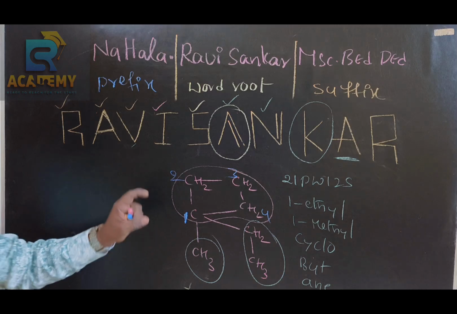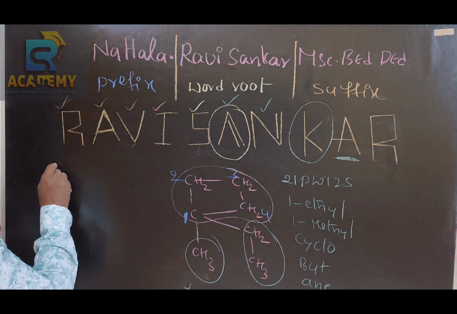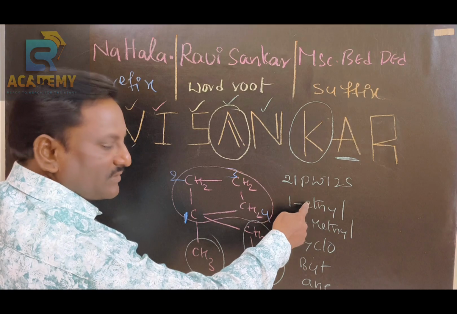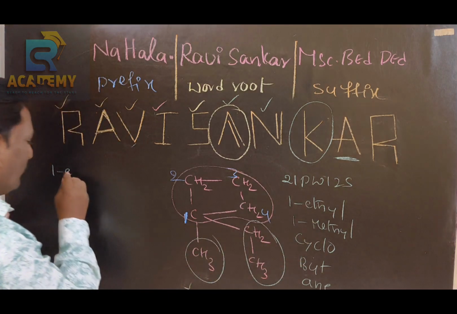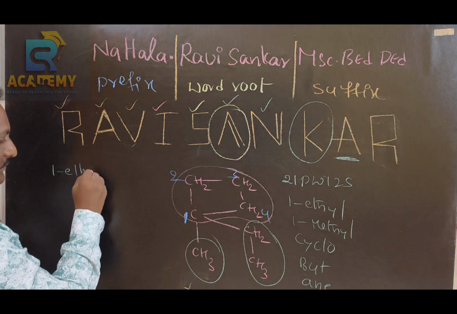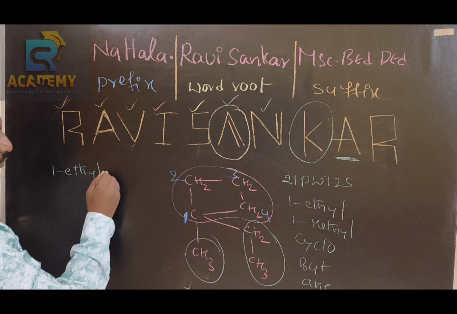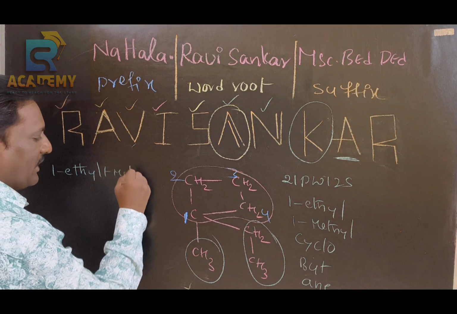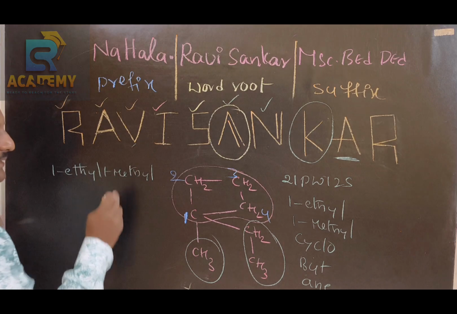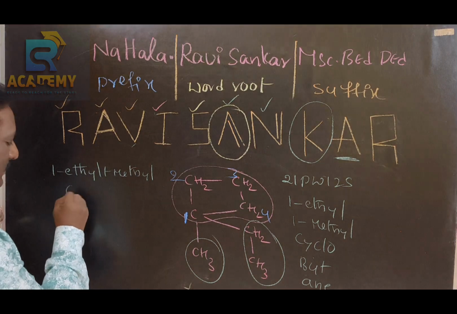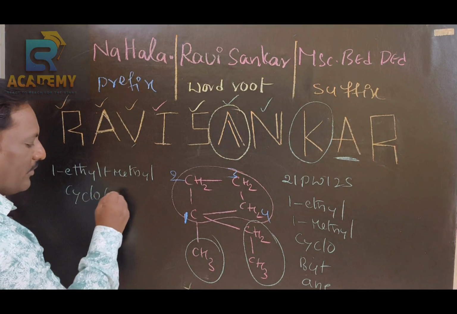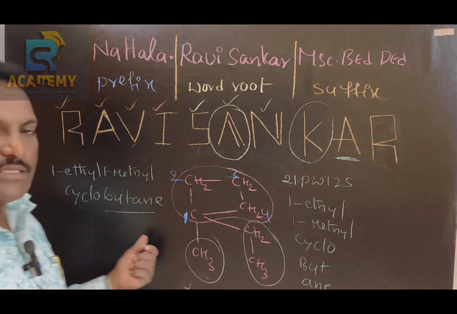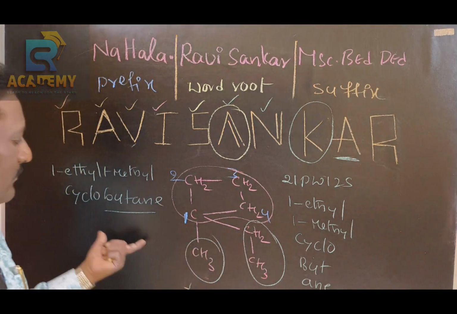We should write ethyl first, in alphabetical order. E is the first one. So 1 ethyl, 1 methyl cyclobutane.